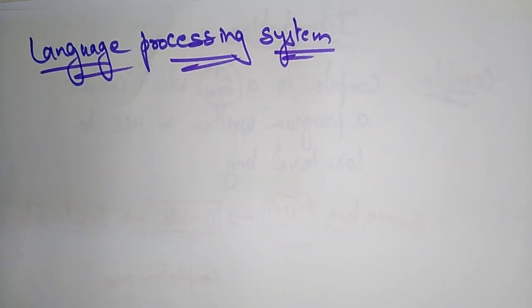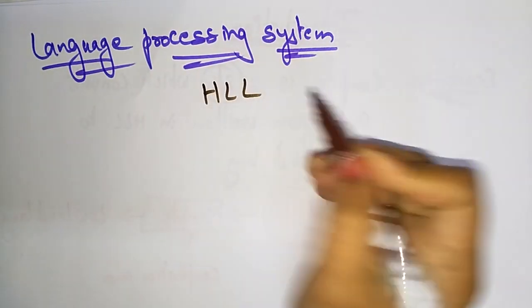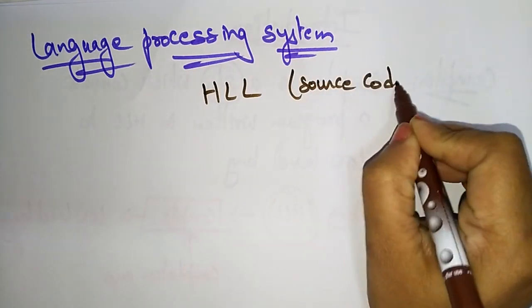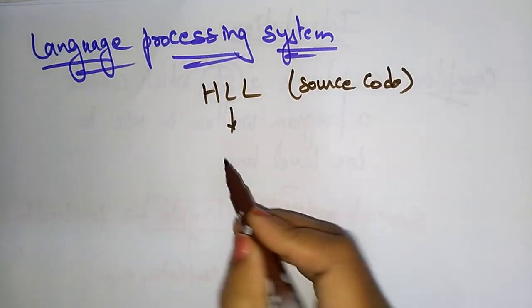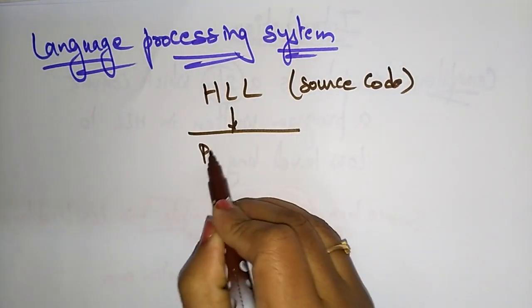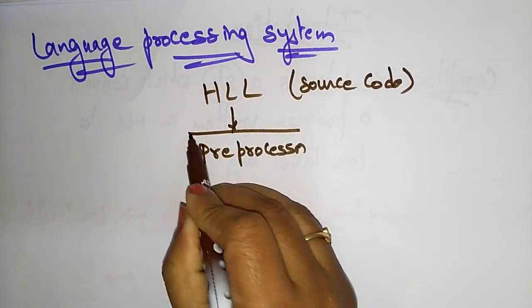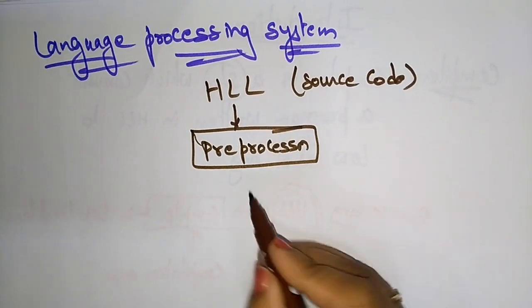So here we are drawing the language processing system. First, let's take the source code, which is in high level language. This source code goes to the preprocessor. These are the different stages in the language processing system.